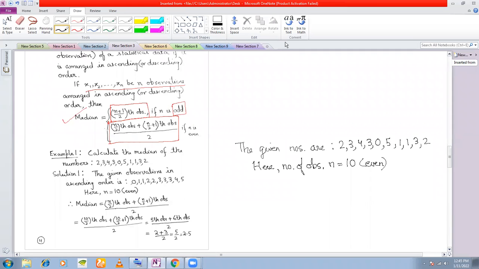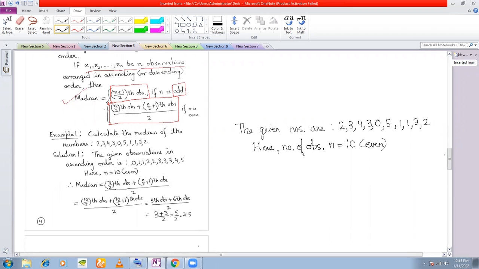Now when calculating the median, the first thing that you have to do, after seeing how many observations are given to you, is arrange the numbers in ascending order. What is ascending order? From the lowest number to the highest number you arrange.